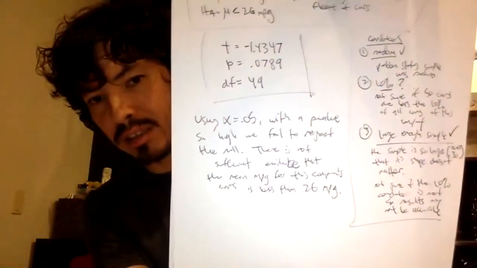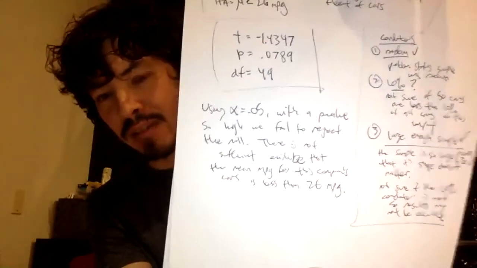Read that again. So using alpha equals 0.05 with a p-value so high, 7.9%, we fail to reject the null. There is not sufficient evidence for the alternative. There is not sufficient evidence that the mean miles per gallon for this company's cars is less than 26 miles per gallon.